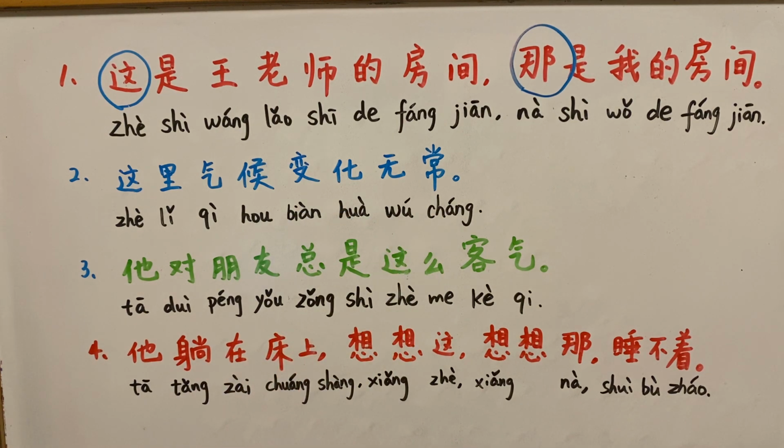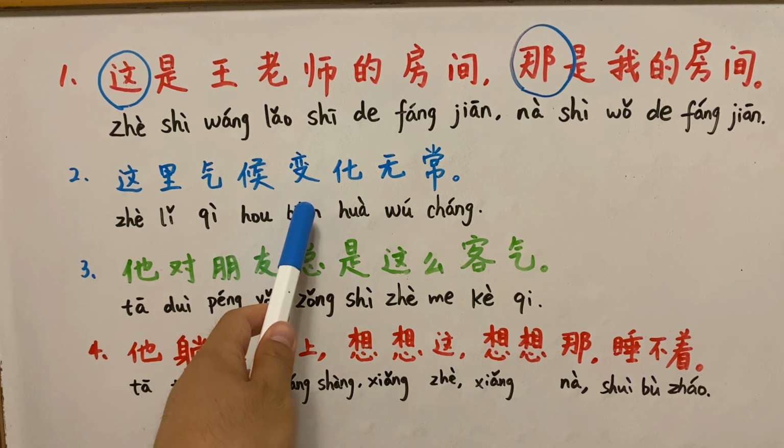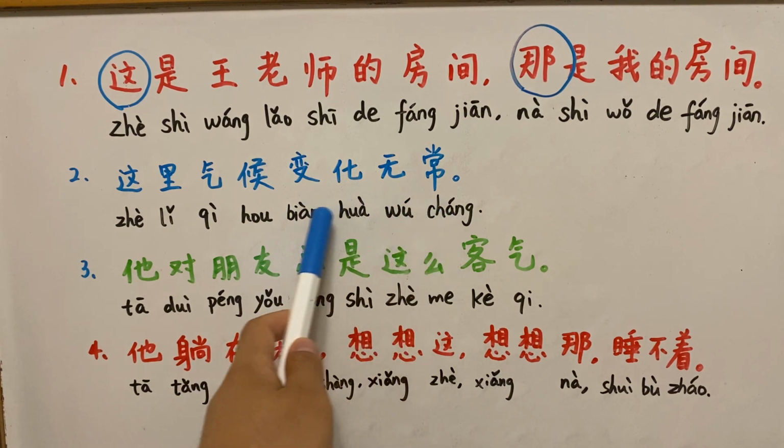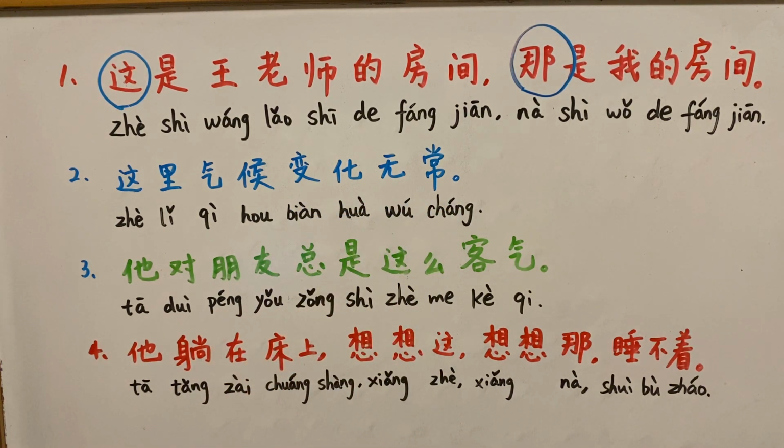These four characters are an idiom or a phrase in Chinese. It's a four-word phrase, 变化无常. It means changing all the time, and it is very hard for you to find the principles.